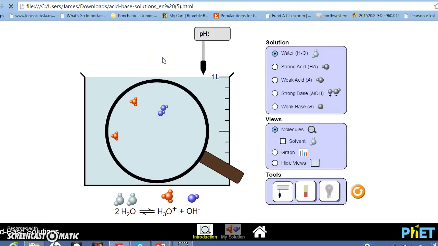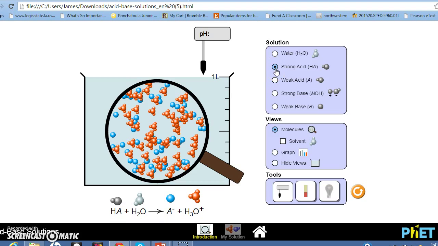Okay, this is another great simulation for you to provide an abstract concept such as molecules, acids, and bases, where students can visualize those ions in solution to help them truly understand what it means to be an acid or a base. So here we have, click on strong acids, so we can actually visualize the hydronium ions and hydroxide ions in a weak acid solution.